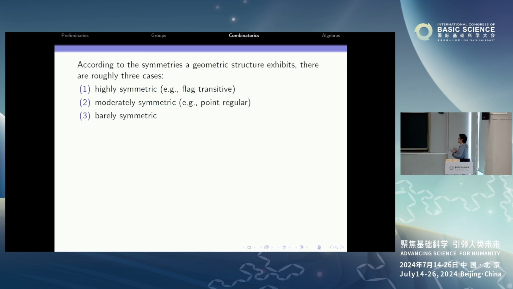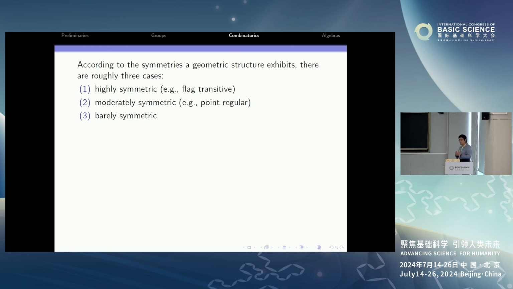According to the symmetries a geometric structure exhibits, there are roughly 3 cases: highly symmetric, moderately symmetric, and barely symmetric. For highly symmetric, for instance, you have an assumption such as flag transitive. What is a flag? It's an incident point-line pair. So flag transitive means transitive on the set of all flags.